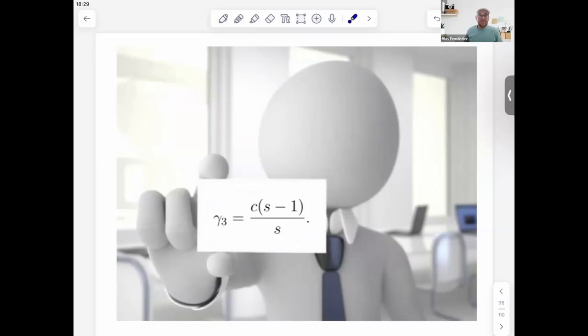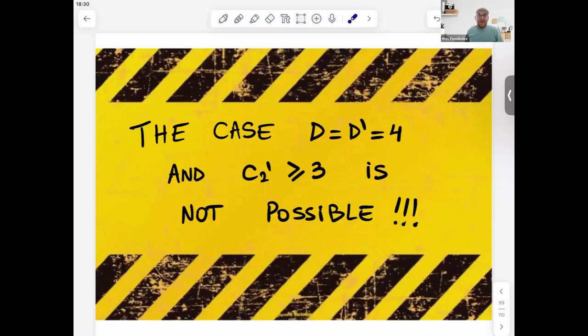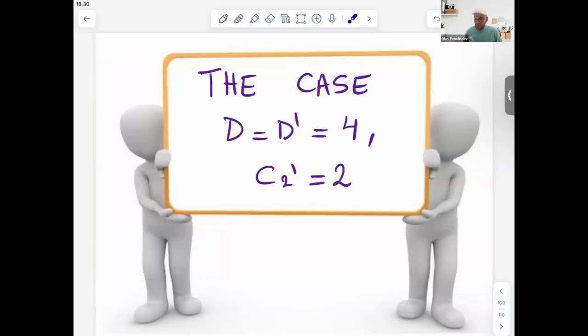And of course, these two must be integers. Because of indivisibility conditions, we prove that this case is not possible. So a 2-way homogeneous distance-biregular graph with d equal d prime equal 4 and c2 prime greater than or equal to 3 does not exist. So the only case that remains to consider is the case c2 prime equal to 2.